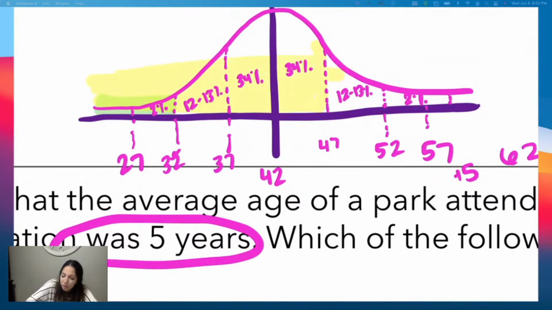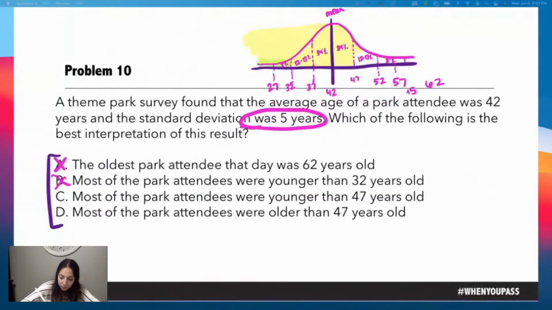Is that most? Yes, that is greater than 50% for sure. 34 plus 34 plus 12 plus 2. So that is going to be our answer. Most were older than 47. Well, older than 47 would be from here over, and that's only going to be about 15-16%. So C is going to be the correct answer.